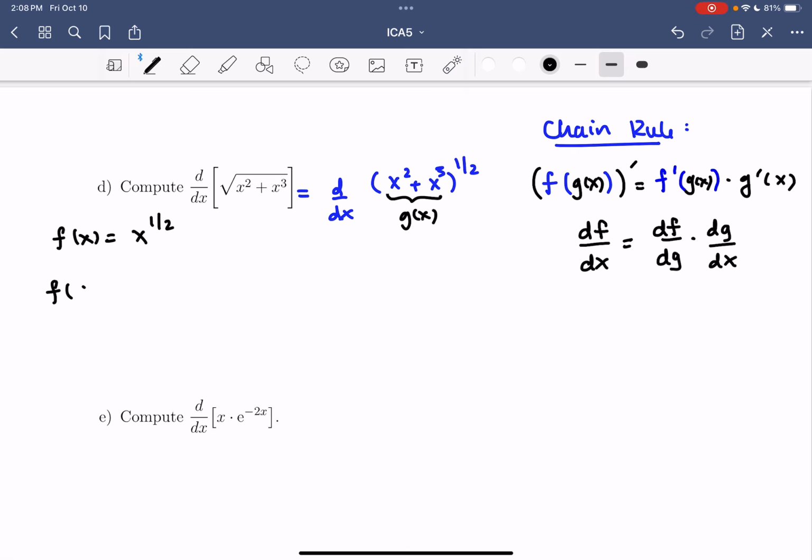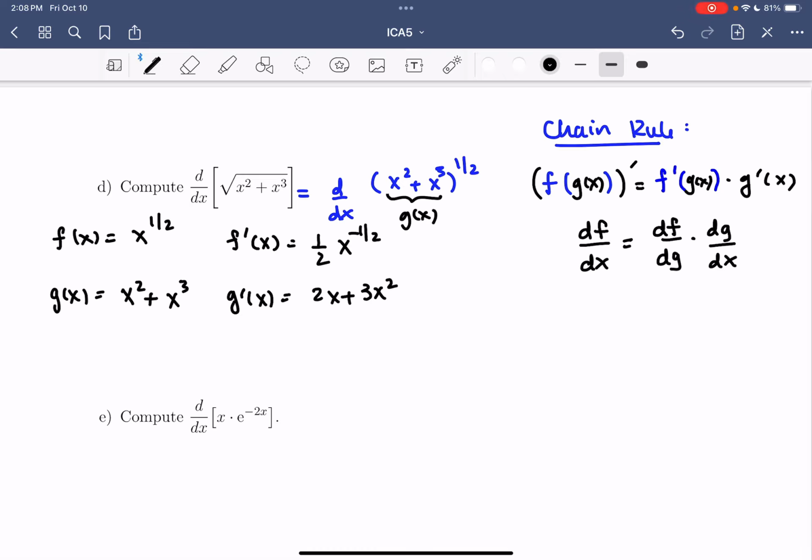Because if you do f of g of x, you replace x with g of x, and since g of x is x squared plus x cubed, you end up having what you had to begin with, okay? So f of x is equal to x to the 1/2, g of x is equal to x squared plus x cubed. So f prime of x is equal to 1/2 x to the negative 1/2. g prime of x is equal to 2x plus 3x squared.